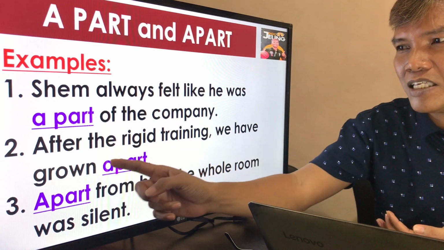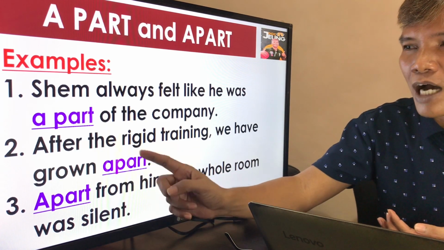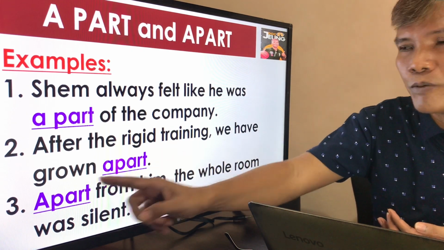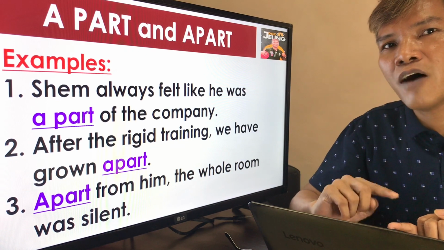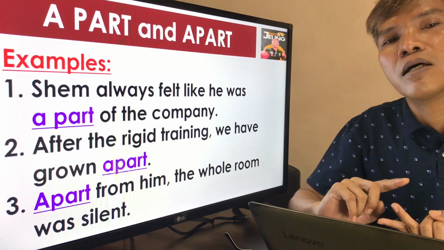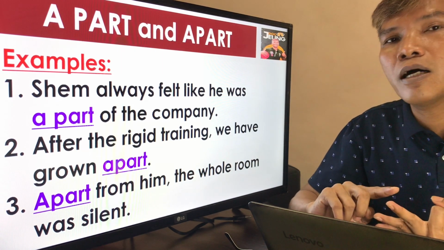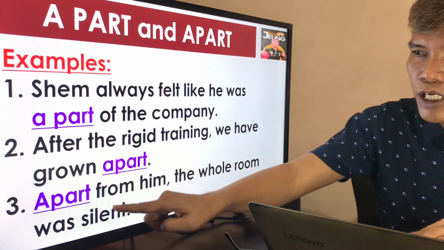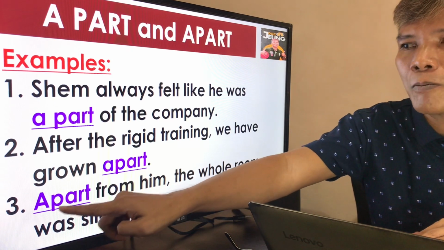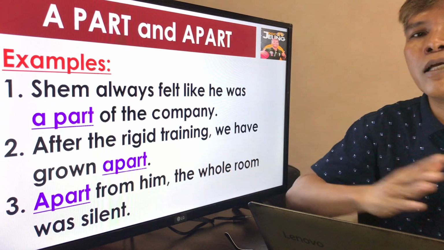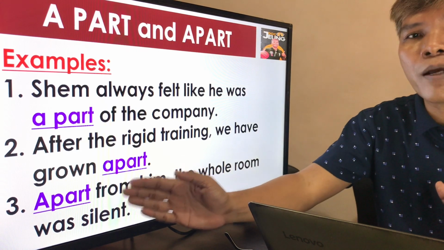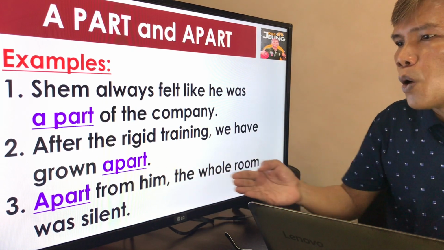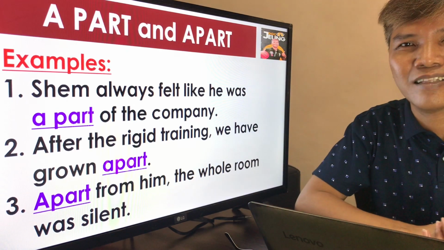In this case, it serves as an adverb that modifies the verb have grown. Remember, an adverb modifies a verb, an adjective, and another adverb. Number 3. Apart is paired with the preposition from. Therefore, apart from is used here as a preposition. Apart from him, it means aside from him, the whole room was silent.